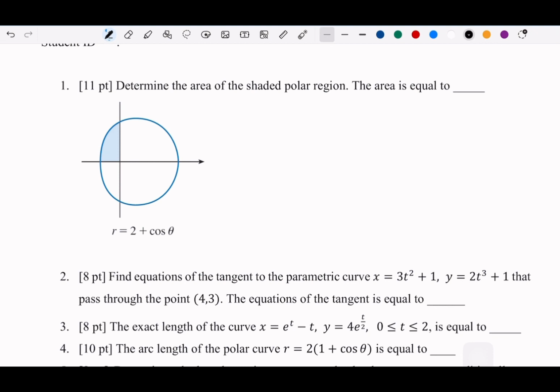As mentioned there, this could be understood by this is theta 0, pi over 2, pi, 3 over 2 pi, right? So the area is half, from pi over 2 to pi, and then this is going to be the integral of 2 plus cosine theta squared d theta.